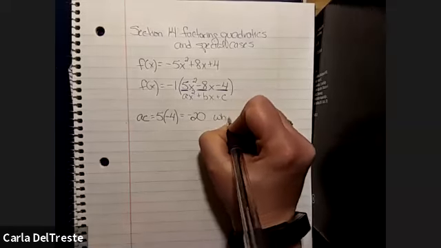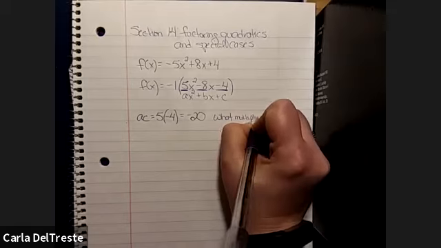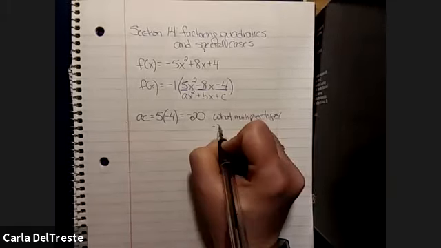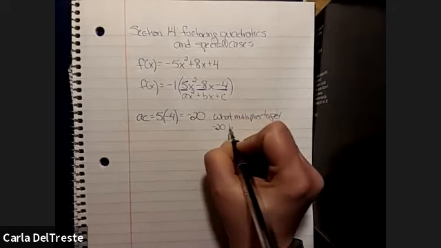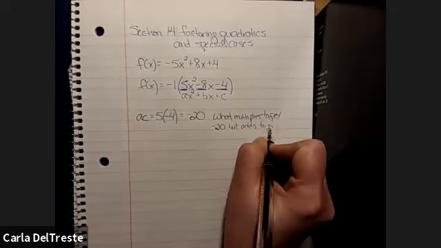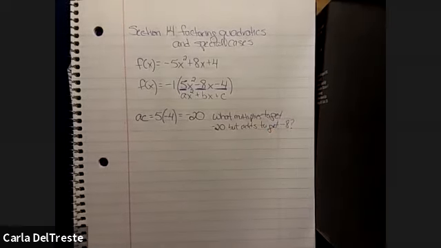And just as a reminder, I'll write that here. What multiplies to get -20, but adds to get -8. That's what we need to answer. So I'm looking for two numbers that multiply to give us -20, but add together to give us -8.